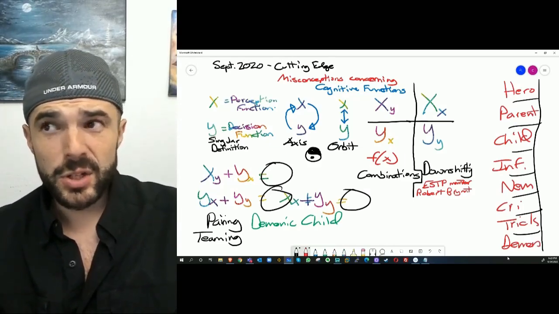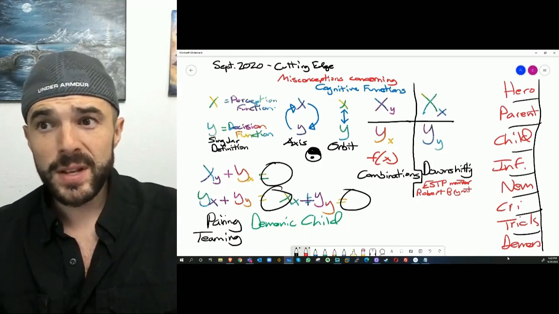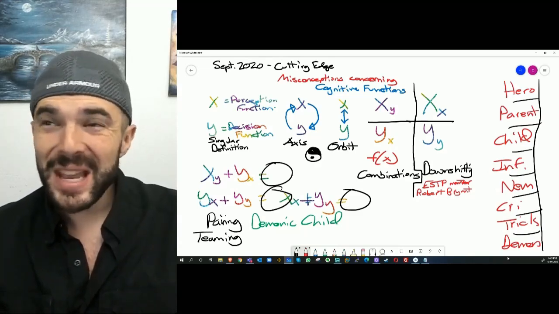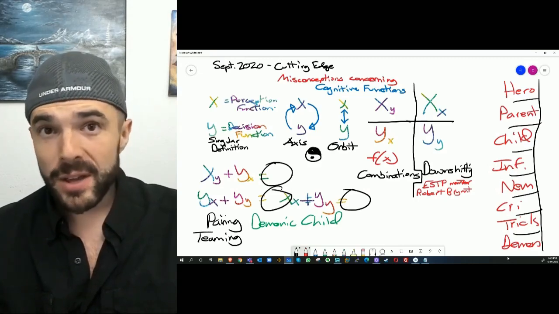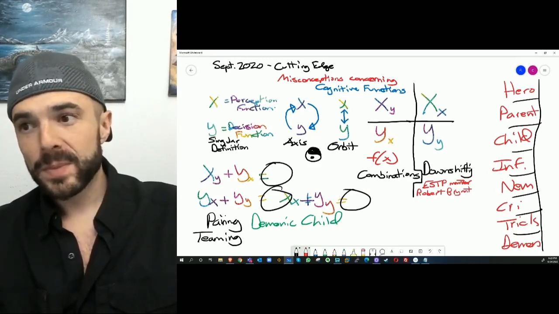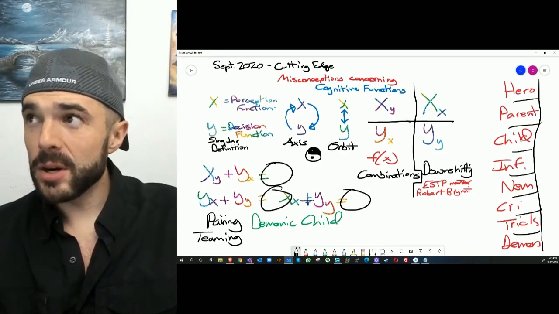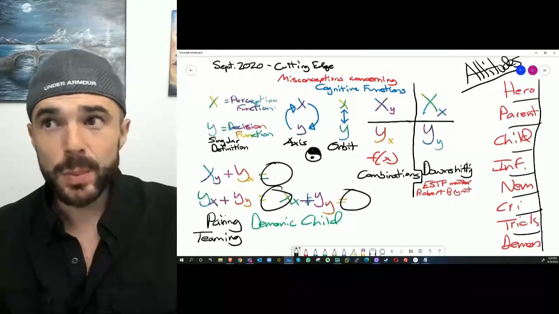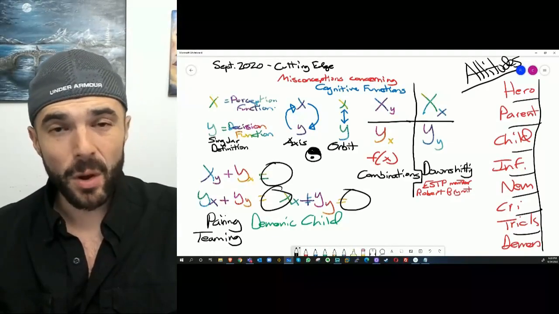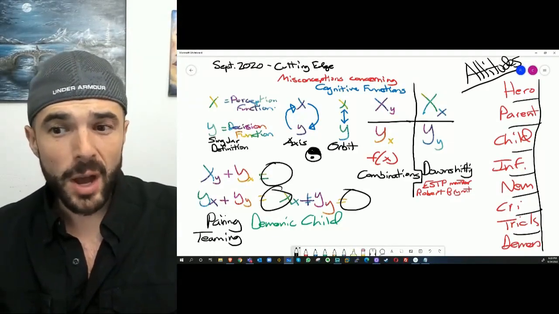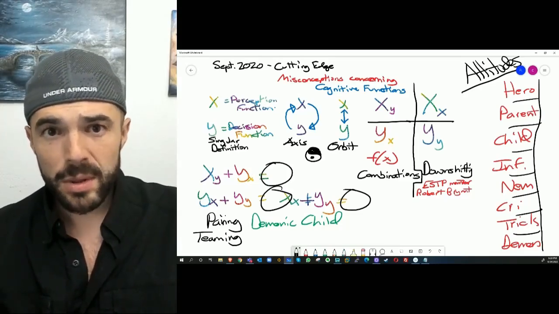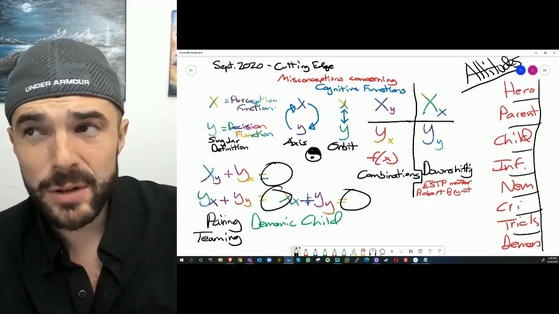Axis, the singular definition, the orbit, the combinations, the downshifting, even the pairing and teaming, all of that still applies in every single individual placement of the cognitive attitudes. So this is a lot of data that one person just has to keep track of within their own head at all times. And our brains are naturally built as these supercomputers to literally keep track of all of this data, as well as all of this cognitive capability that you have in your brain.